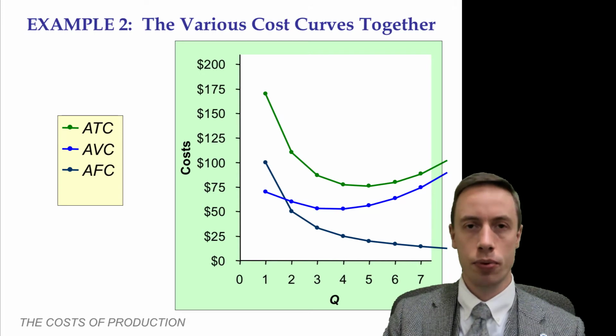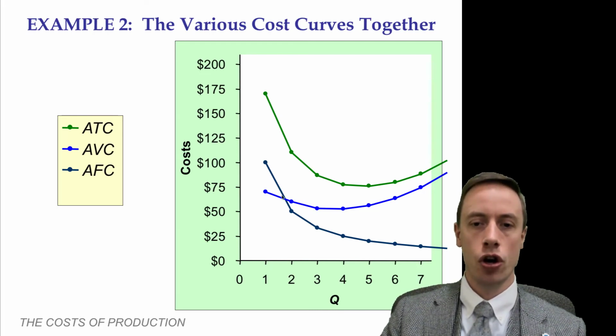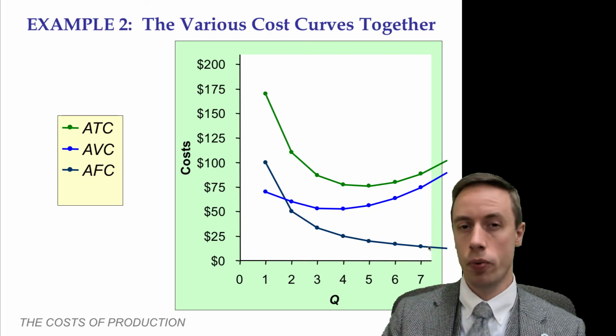Imagine I drew these 3 lines for you and I asked you to identify which is which. Here's how you would approach that. Average fixed cost must always decrease. So if there's only one line that always decreases, that has to be average fixed cost. Another approach. Average total cost includes both other averages.